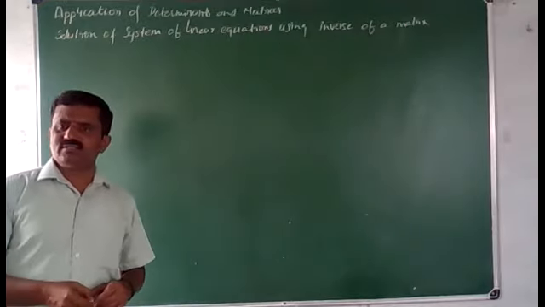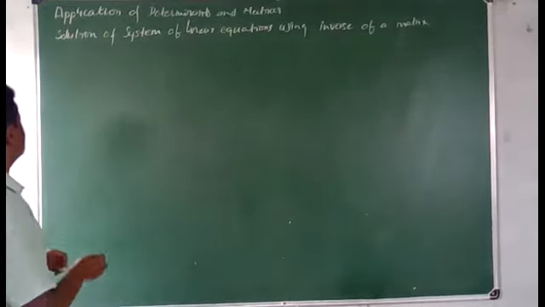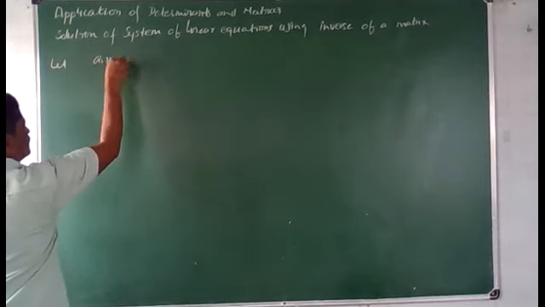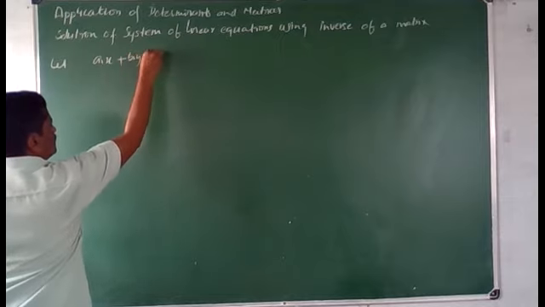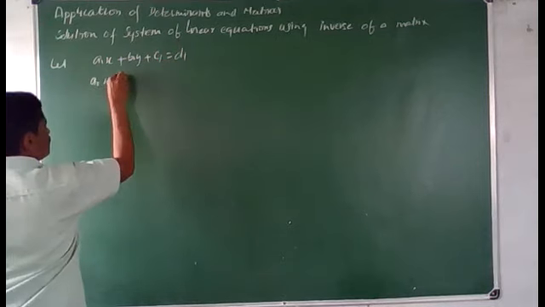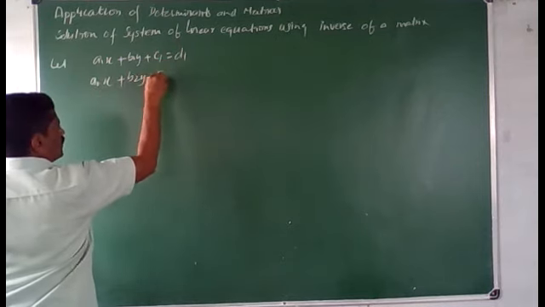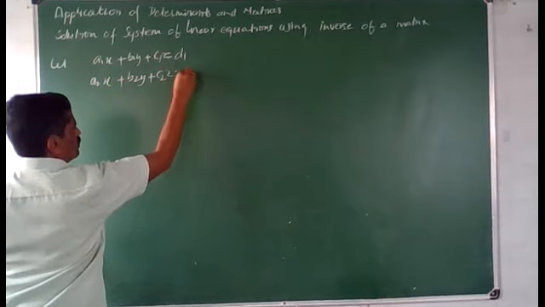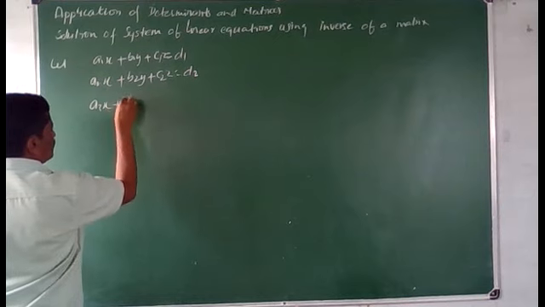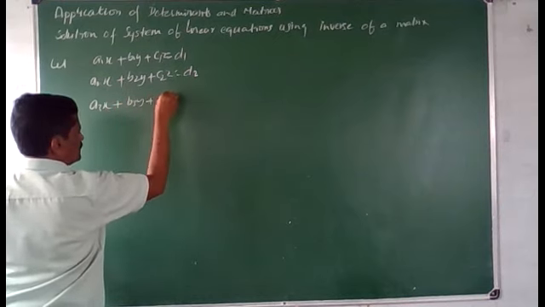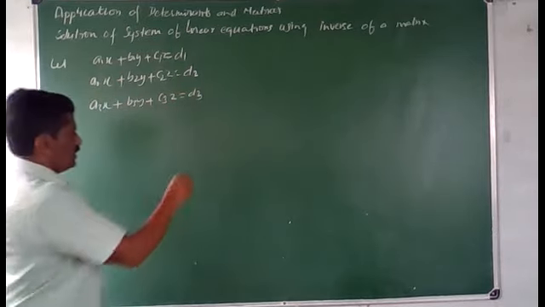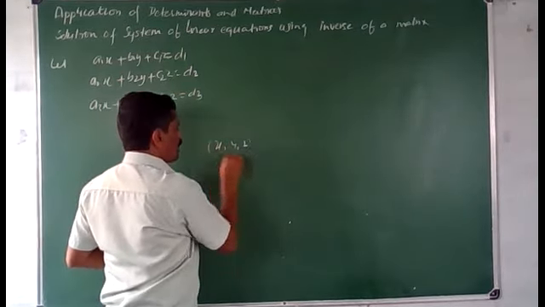So let's consider the system of linear equations like this: a1x plus b1y plus c1z is equal to d1, a2x plus b2y plus c2z is equal to d2, again a3x plus b3y plus c3z is equal to d3. Here, x, y and z are called as what?